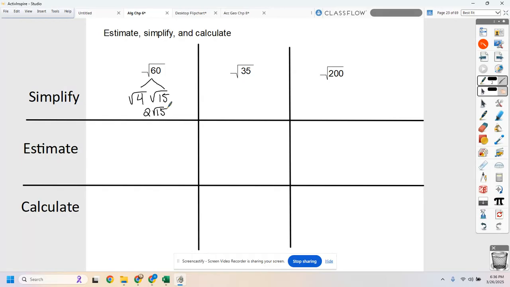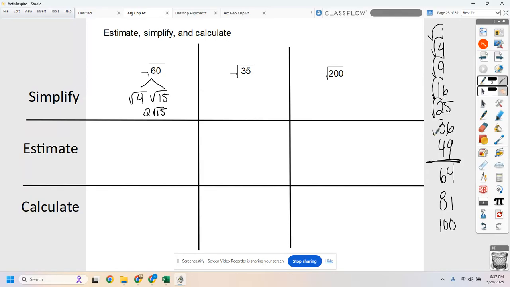Well, if I had my list of perfect squares, 1, 4, 9, 16, 25, 36, 49, 64, 81, 100, where would the square root of 60 be? It would be right about in here, somewhere between 7 and 8 for an estimate.